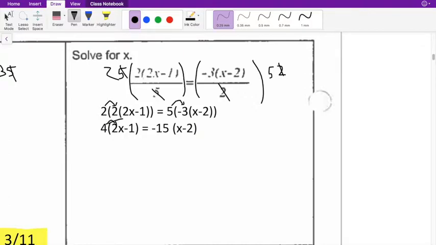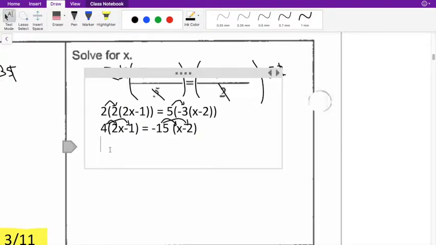Okay. So that will give us 8x minus 4 equals, oops, negative 15x. Negative times the negative is going to be a positive 30.